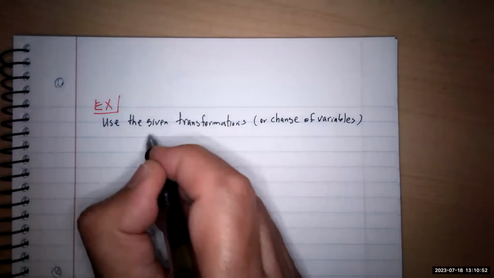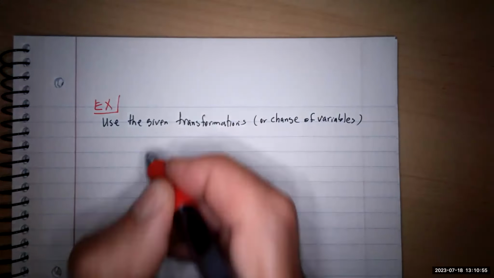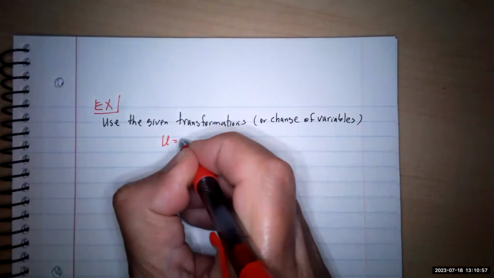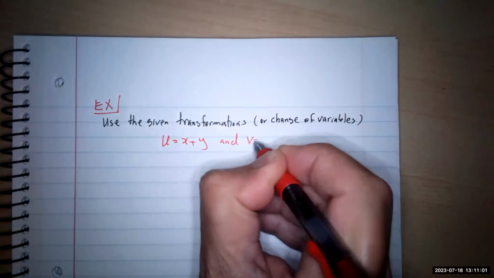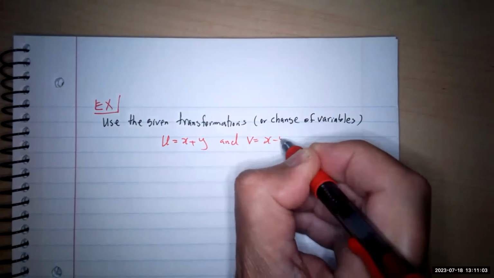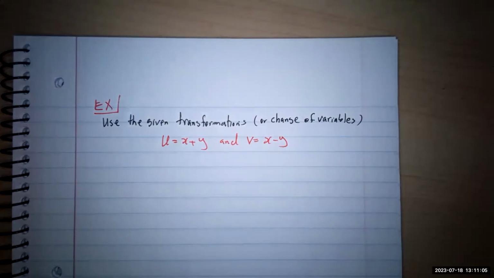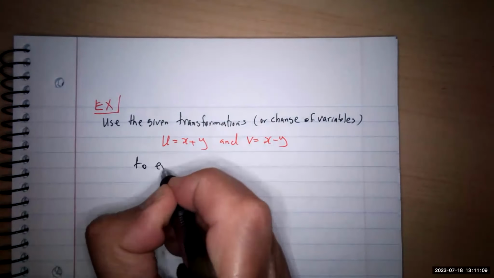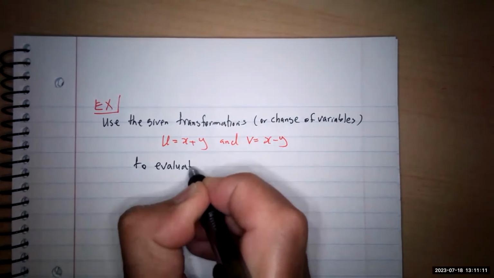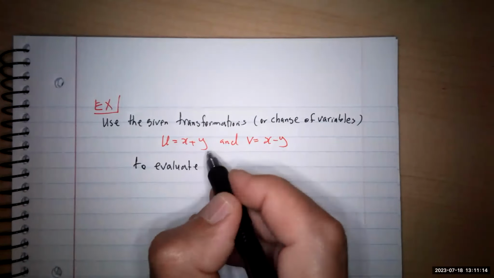Something like u equal to x plus y, and v equal to x minus y. We want to use this to evaluate this integral.